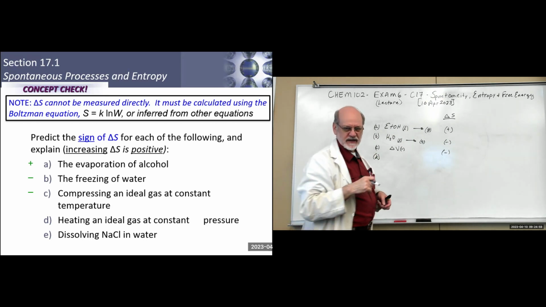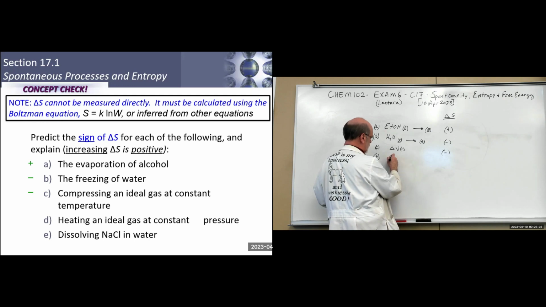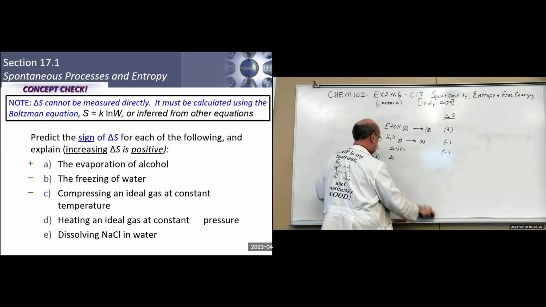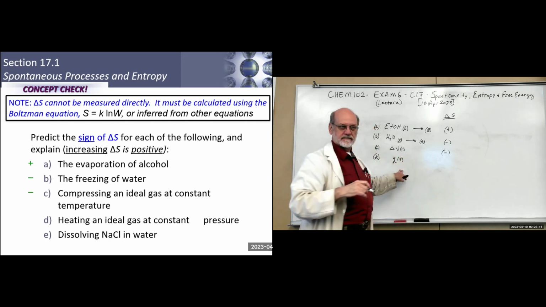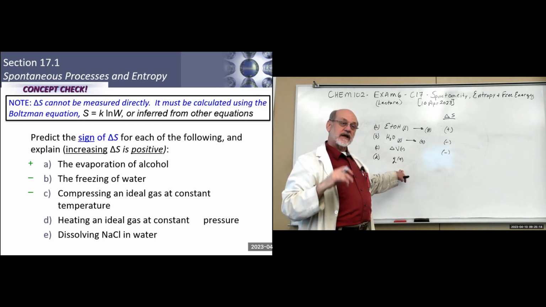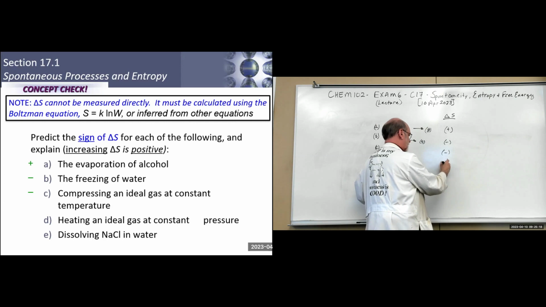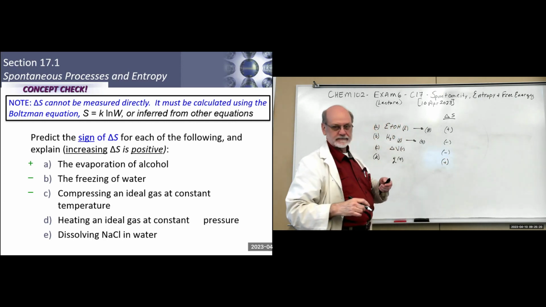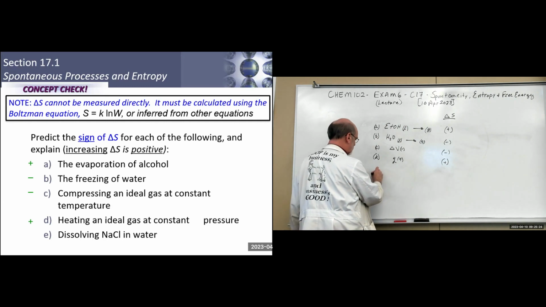Heating an ideal gas at constant pressure. So we're going to add energy to it, heat. That would change the entropy by increasing. Okay. How about dissolving sodium chloride in water?